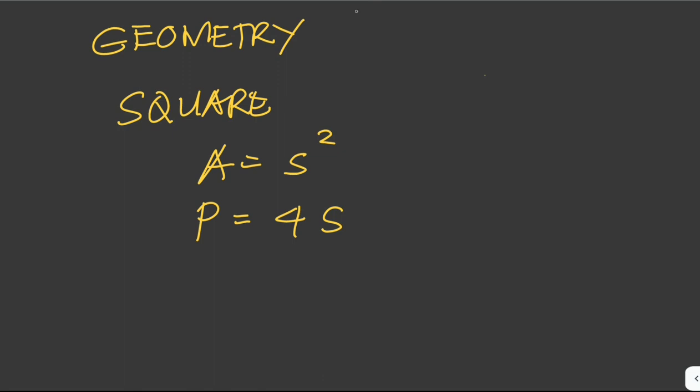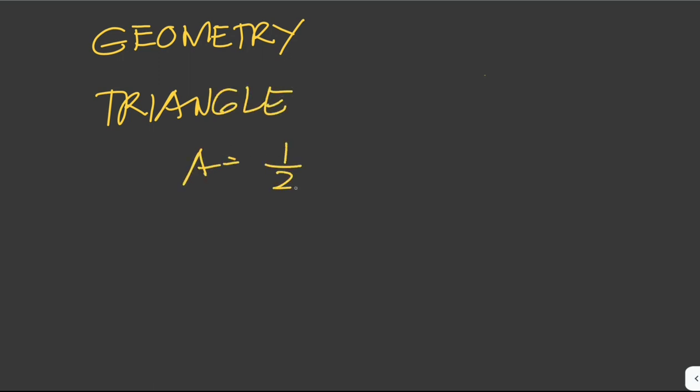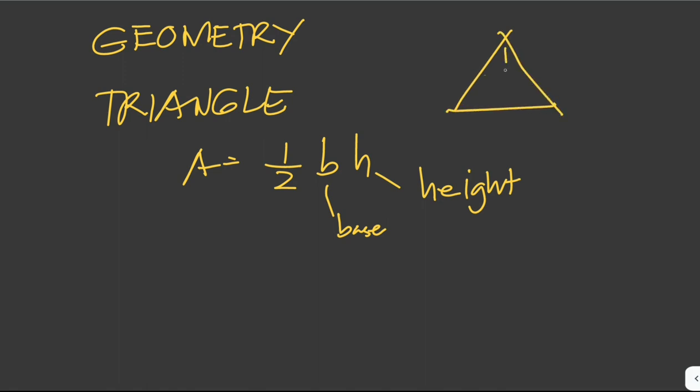And then for triangles, the area is just equal to 1/2 base times height. So this is the base, this is the height. We have a triangle here, and this is our height, this is our base.